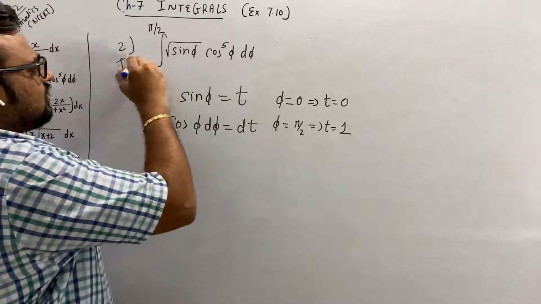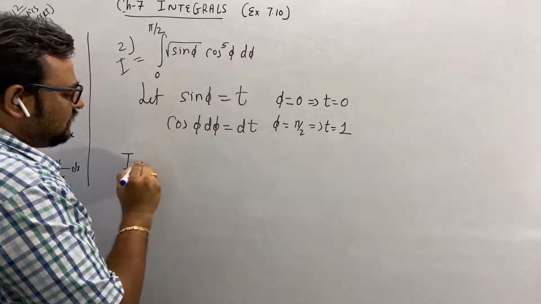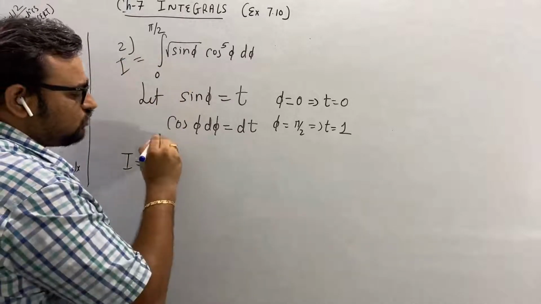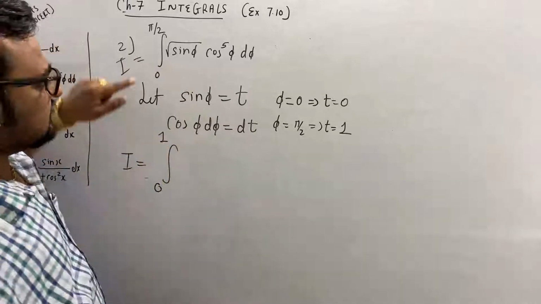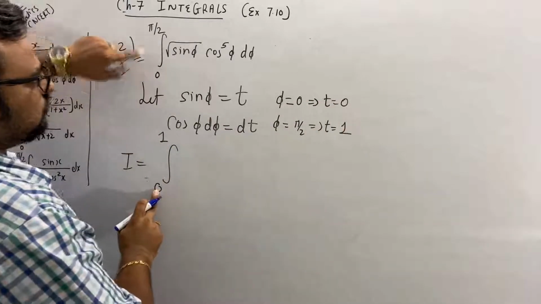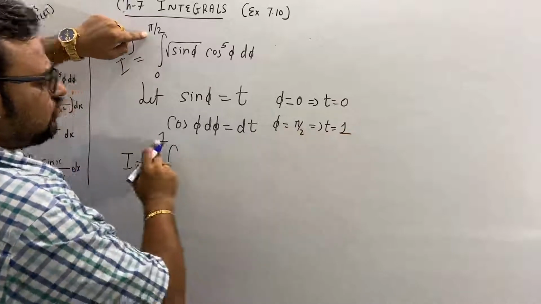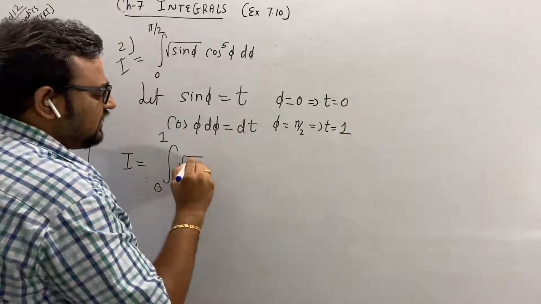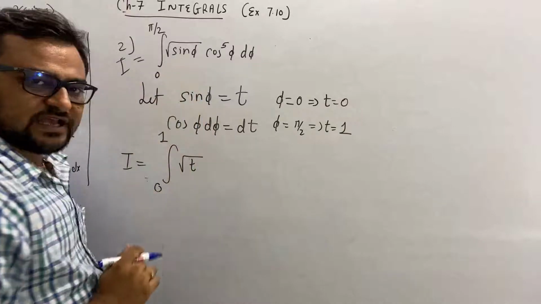So now our integral will be equal to the integral from 0 to 1. See, t equal to 0 at phi 0, and t equal to 1 at pi by 2. Now square root of t, since here we have square root of sine phi.